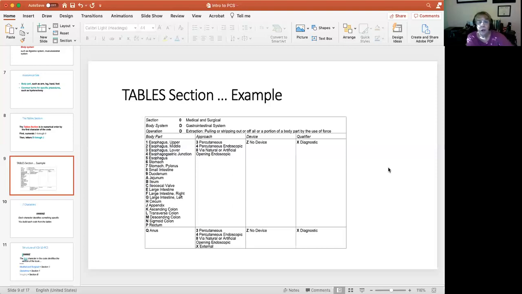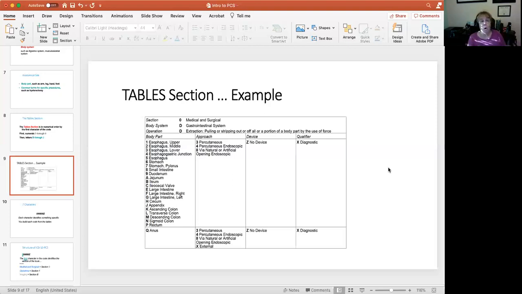As you can see, they're all going to be describing the body parts in that particular part of the body in different ways. Here we have the esophagus is divided into 3 sections, the upper, the middle, and the lower esophagus.